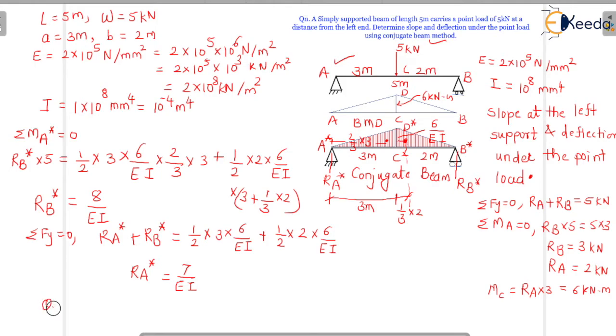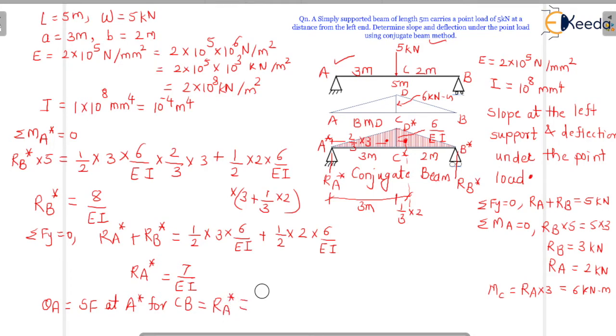So theta A is equal to shear force at A star for conjugate beam. Theta is nothing but shear force at A star for conjugate beam. So I am just writing conjugate beam as CB here. So what is that shear force at A star? It is nothing but RA star. Okay, so we are done with the slope in fact.